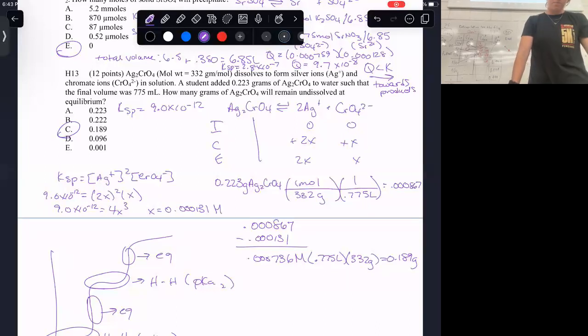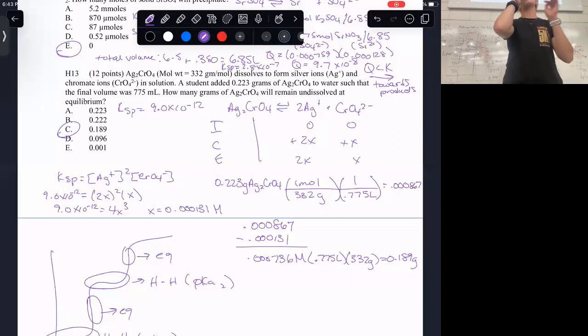You would still do, because this is the solubility of silver chromate, so you can still use that. Your concentration of silver chromate will equal the solubility. The concentration of your silver will be twice the amount, because we have 2x at equilibrium.